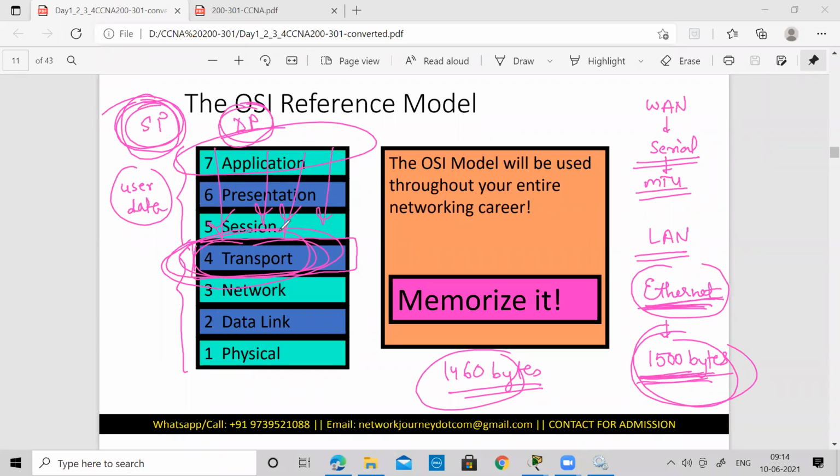I just cannot send the data at my rate, because if the receiver is not able to catch that data at the same rate, most of my data will get lost or discarded, because there will be no buffer to store all my data. And then there will be more retransmission, which I have to do.